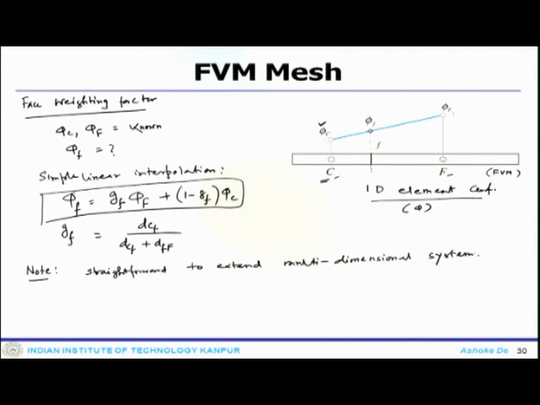That means this one dimensional information of the linear interpolation cannot be straightaway connected or extended to the 2D or 3D system, because 2D and 3D systems are a bit more complicated and involved.